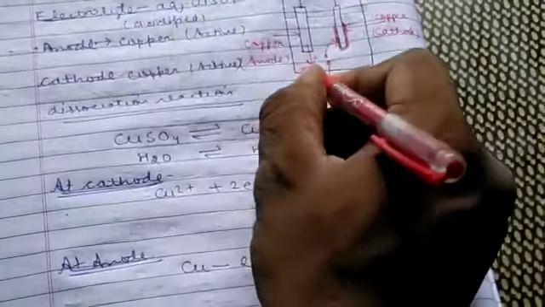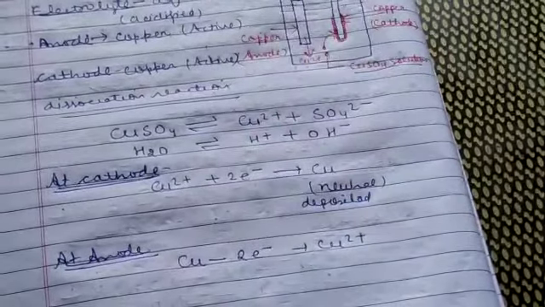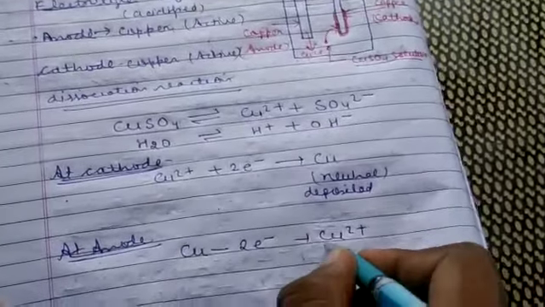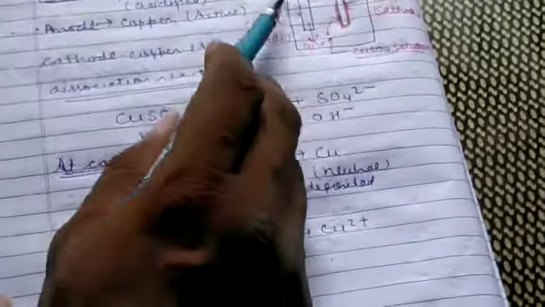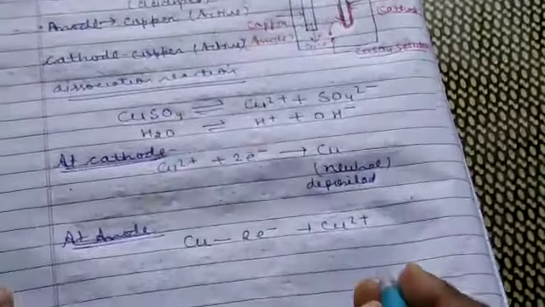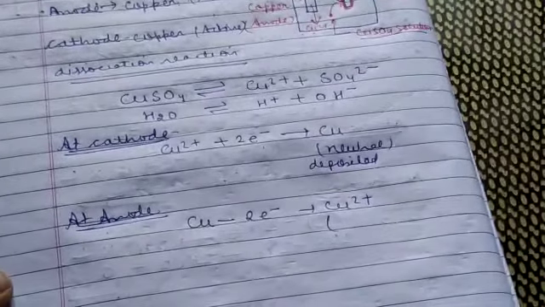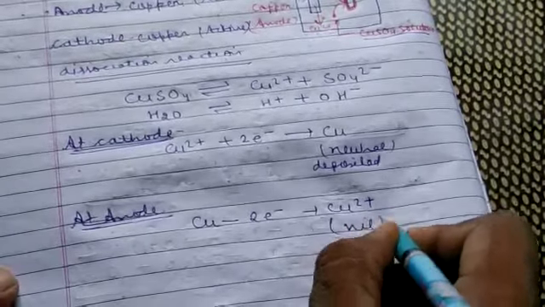Therefore, copper ion concentration will remain the same, and the blue color of the solution will remain the same. Copper ion will emerge in the solution and no product forms at the anode. If it is asked what product is formed at anode, this time no product is formed, or you can say nil.